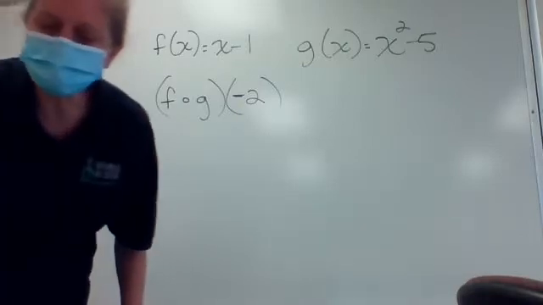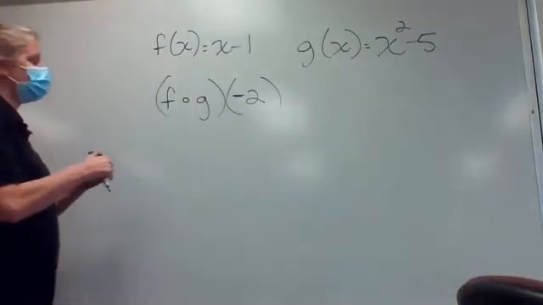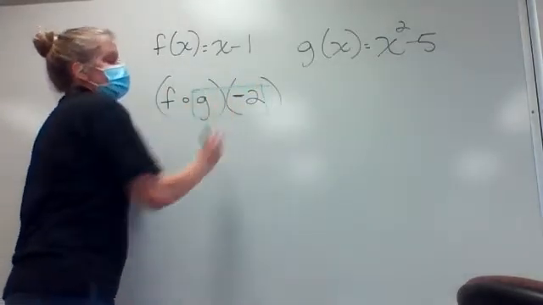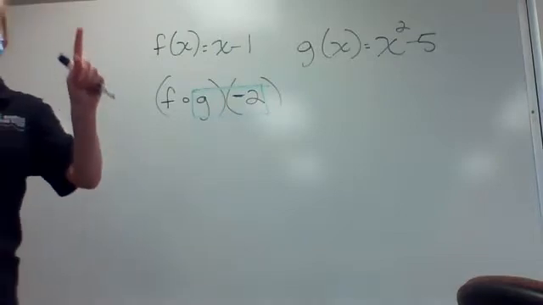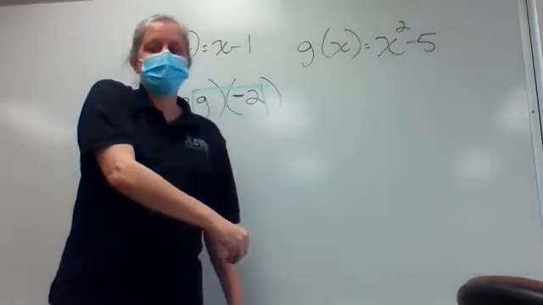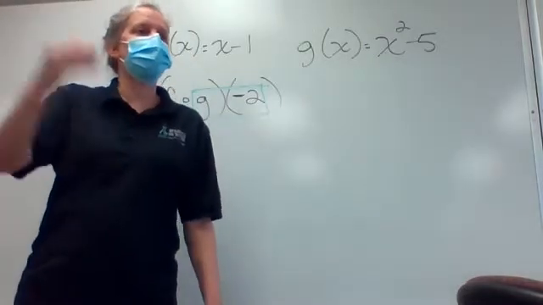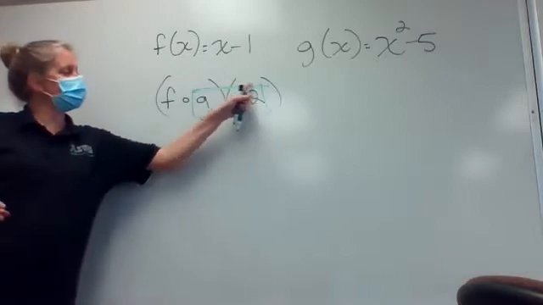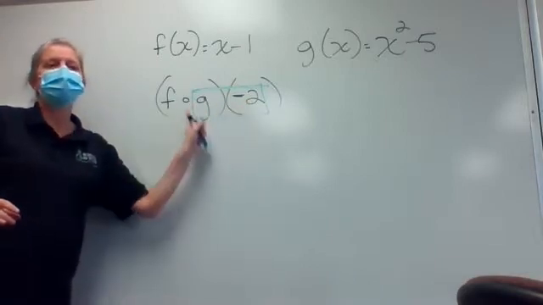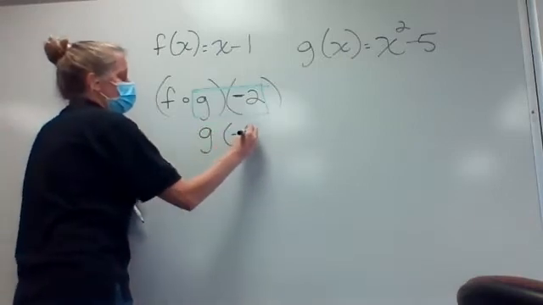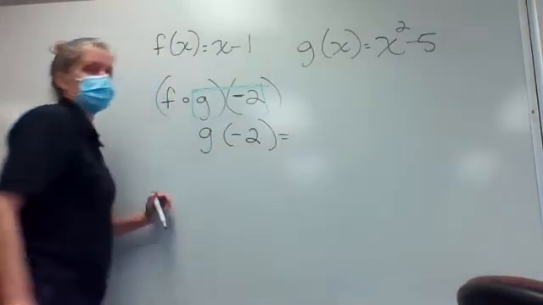So the way you solve these is whatever is in this position is what you're finding first, because sometimes it'll say f of g, sometimes it'll say g of f. No matter what it is, whatever is in right here is what you're doing first. So I am finding g of negative 2 first.